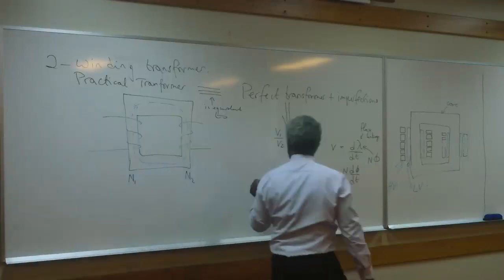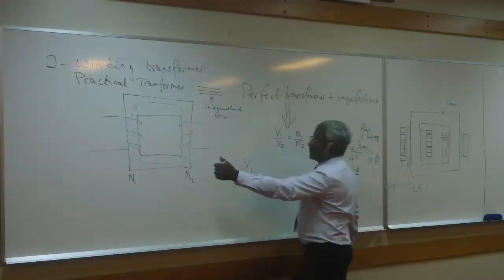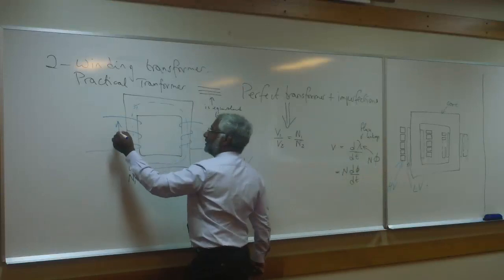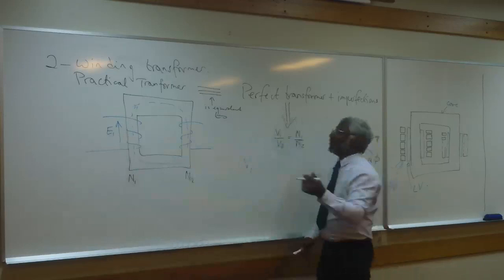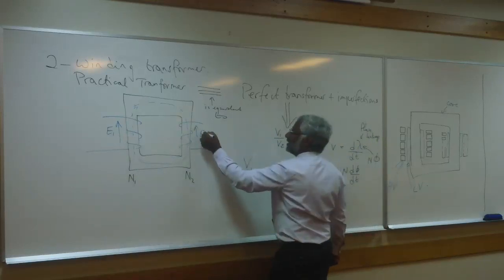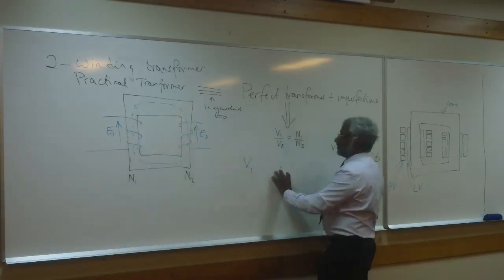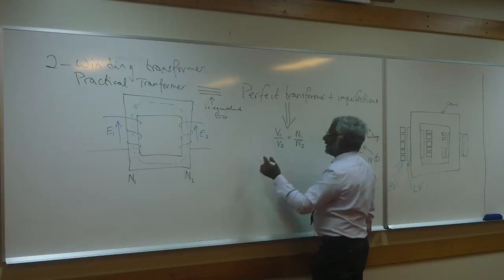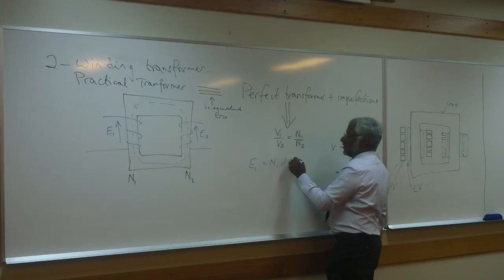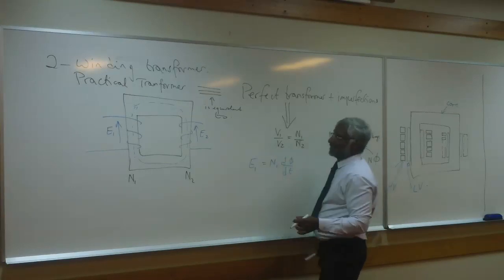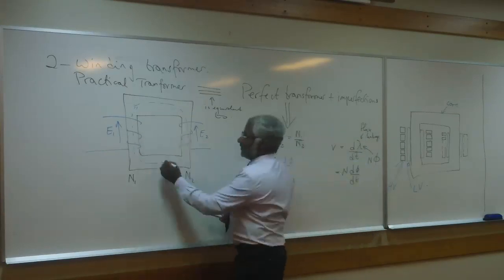So you could say then that V1, the voltage across this one, I'll call it E1 for now. We'll talk about the difference between E1 and V1 later. So from there you get E1 equal to N1 d phi by dt, where that's the flux.